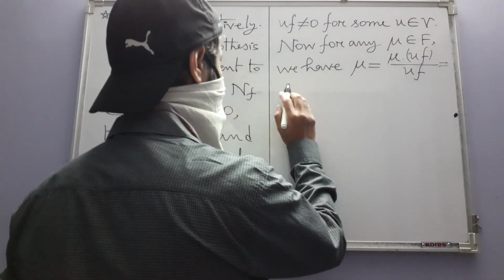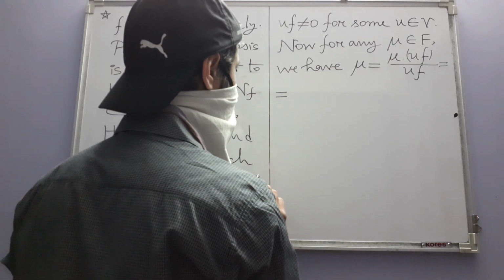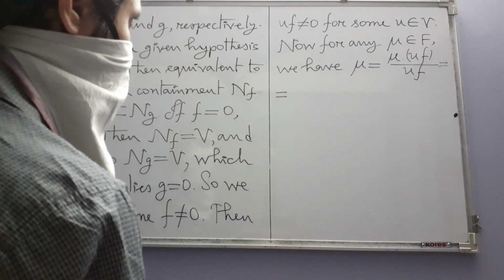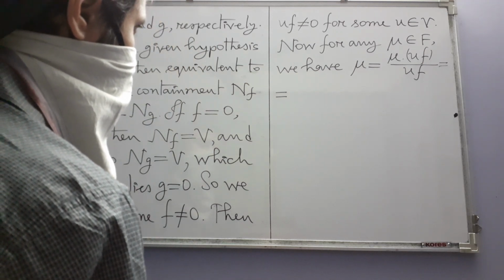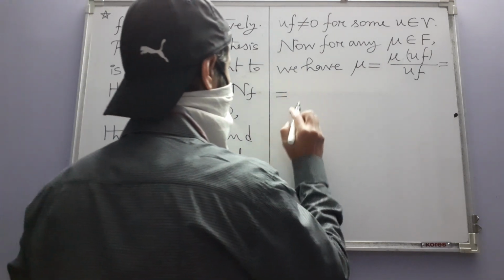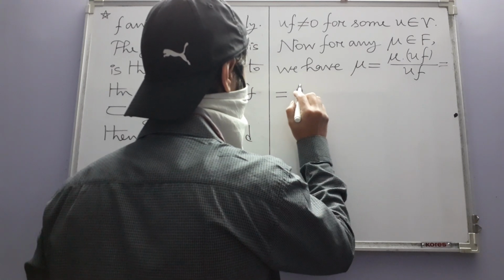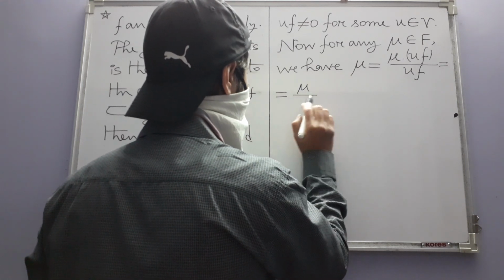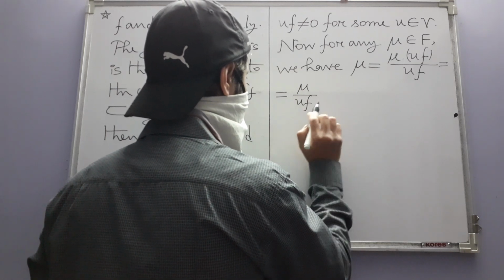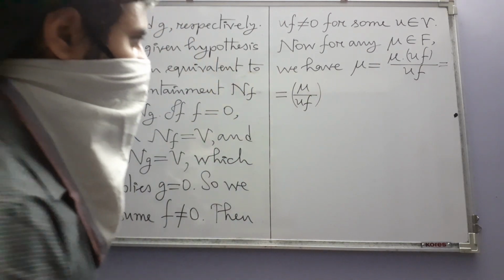Now this we can write as, okay, how can we write this? We want to show that this is equal to mu divided by uF, so we write this part separately.